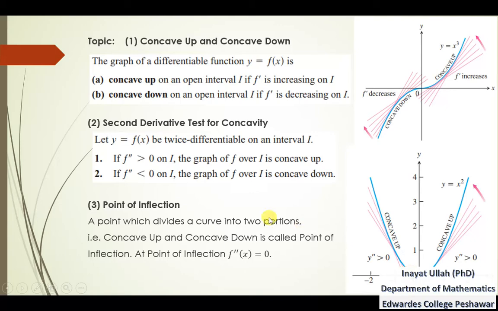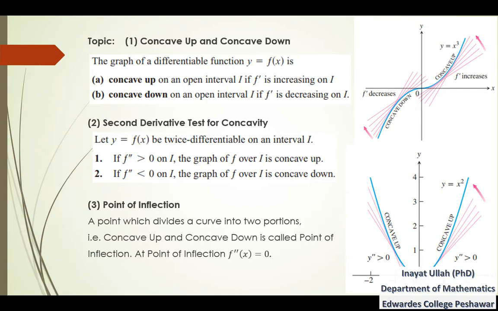And similarly, if you take a concave down portion, we see here that the derivative of the function decreases. So whenever f prime is a decreasing function, the derivative of the function will be less than 0.